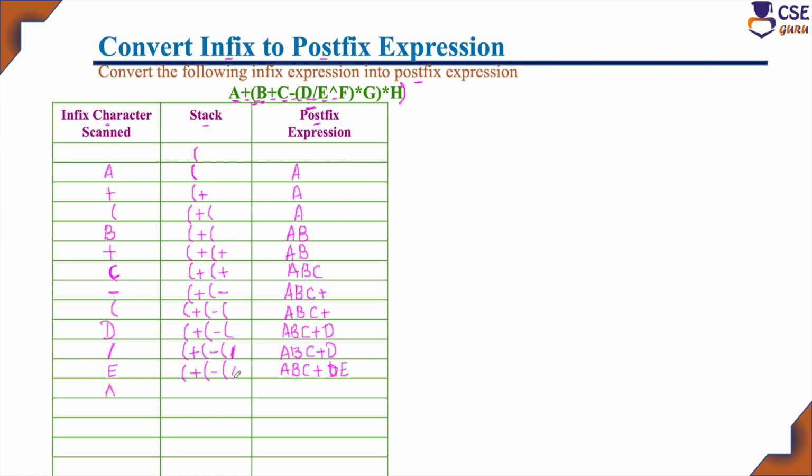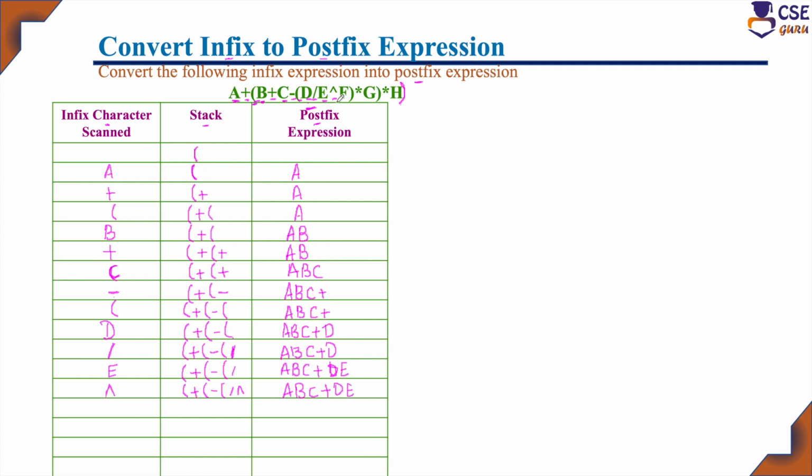The division operator will be present below, and above it the higher precedence exponent operator will be present. So there is no problem. The stack content will be open parenthesis plus open parenthesis minus open parenthesis division operator, and then the exponent operator. And the postfix expression is A, B, C plus D, E.